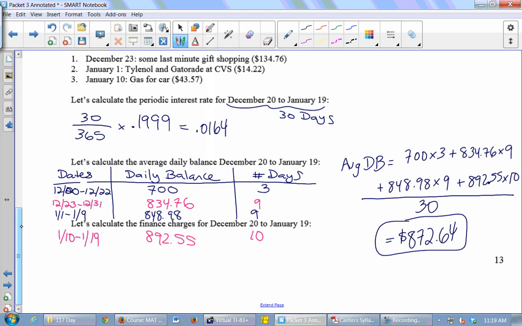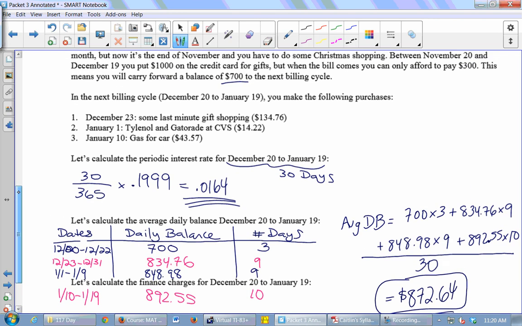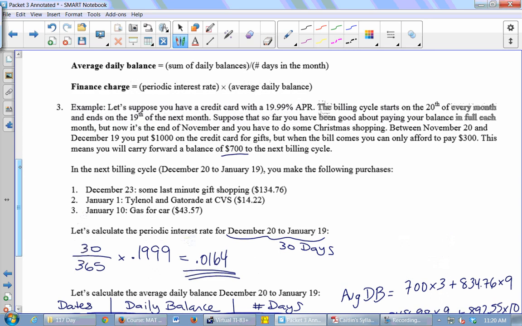All right, so if I want to calculate the finance charge, now I have my periodic interest rate and I have my average daily balance. And to get the finance charge, you just multiply your periodic interest rate times your average daily balance.